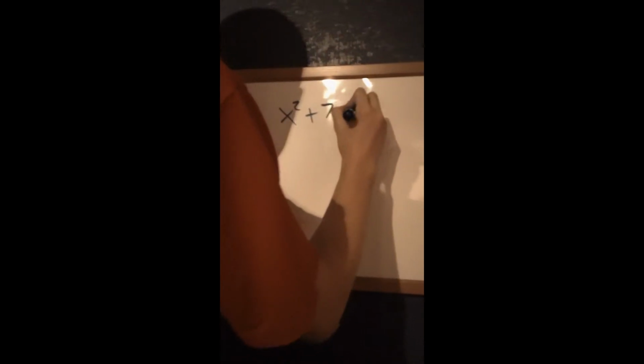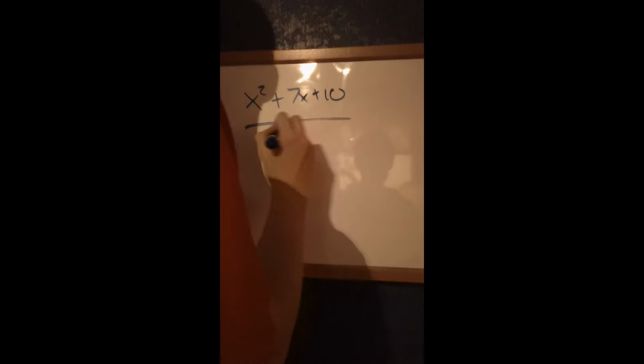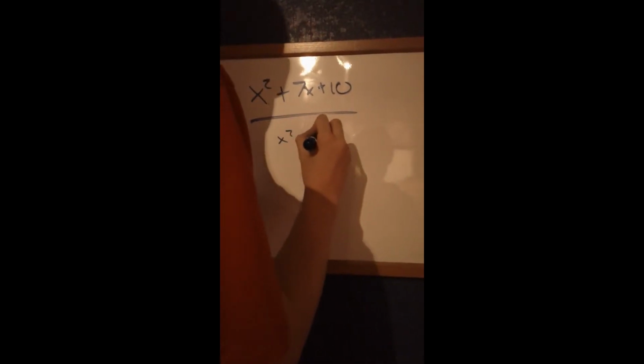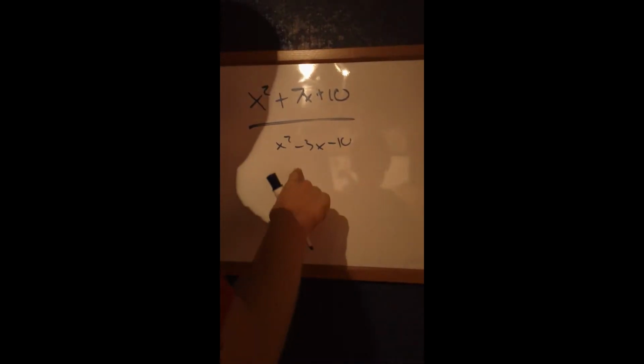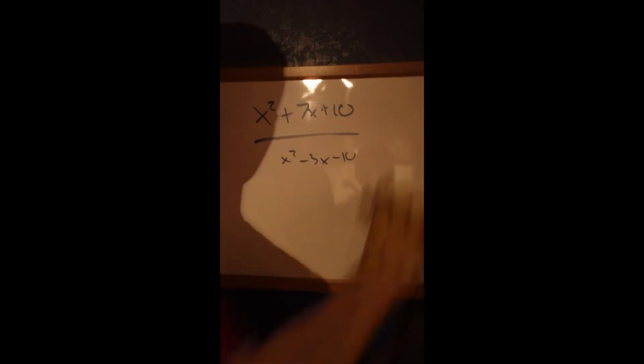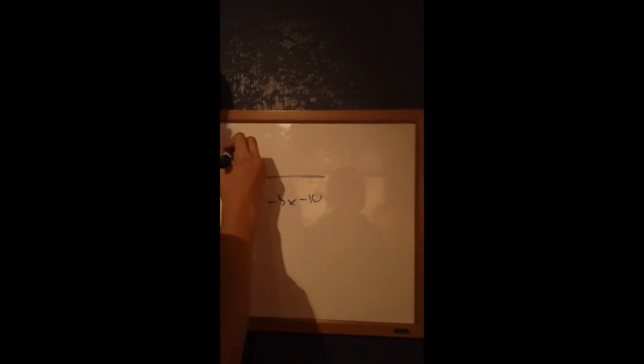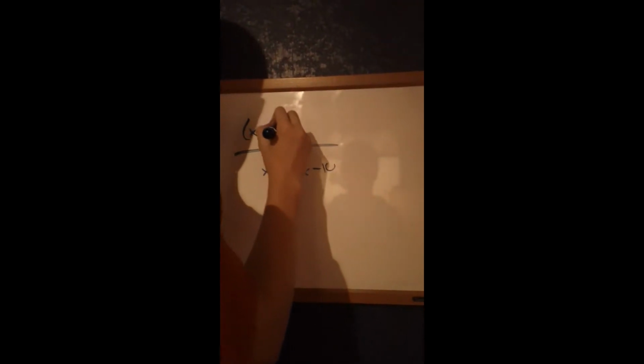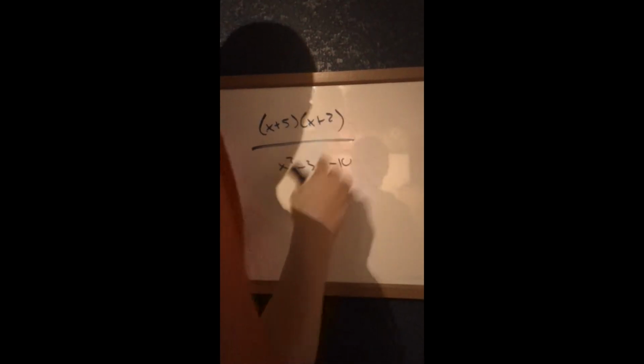I guess we can do a trinomial expression. This one's a little bit easier than multiplication. We'll have x squared plus 7x plus 10 over x squared minus 3x minus 10. Factoring is important. Number one step. This becomes x plus 5, x plus 2.